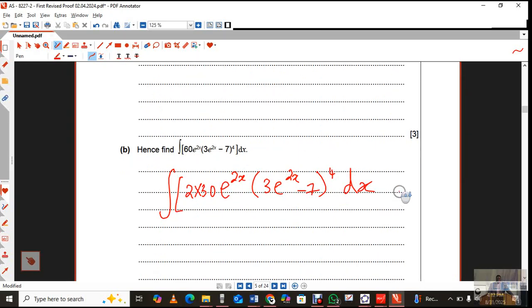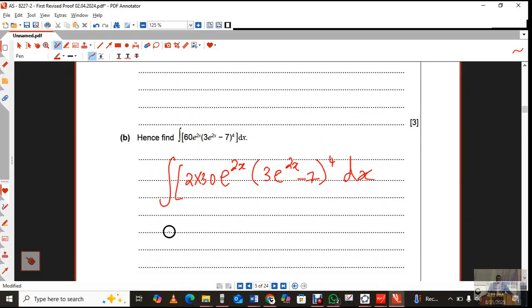And I'm going to get rid of that 2 by putting it in front of the integral sign. So that's 2, and I have 30e to the 2x, and then 3e to the 2x minus 7 to the power 4 with respect to x.